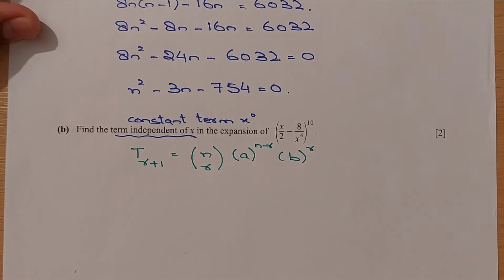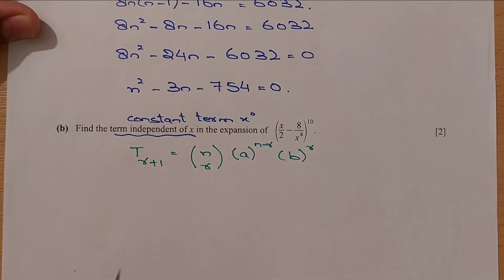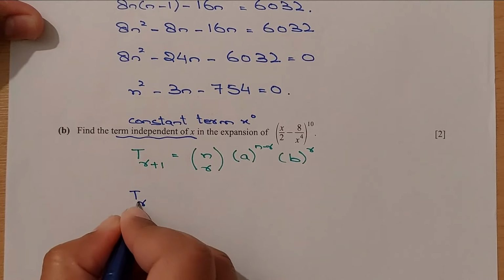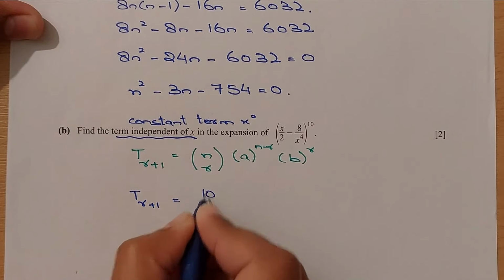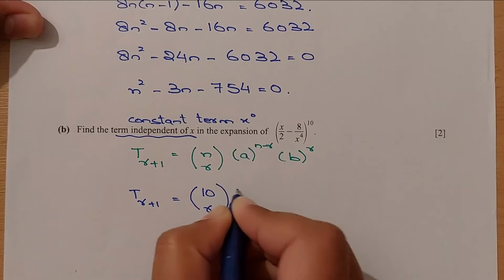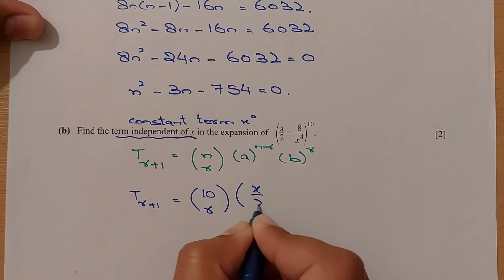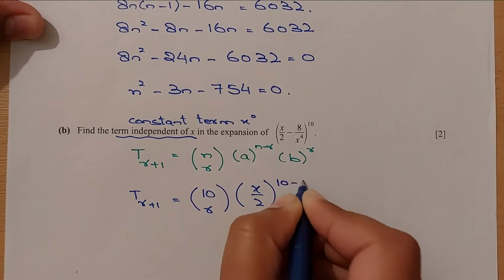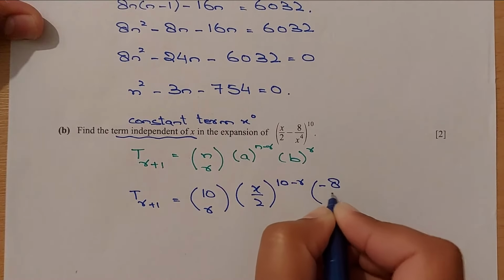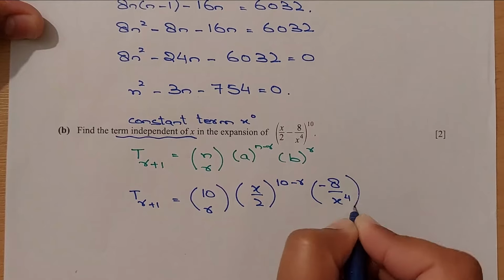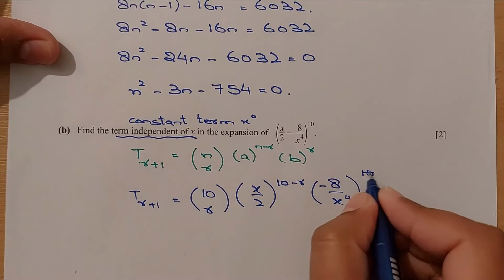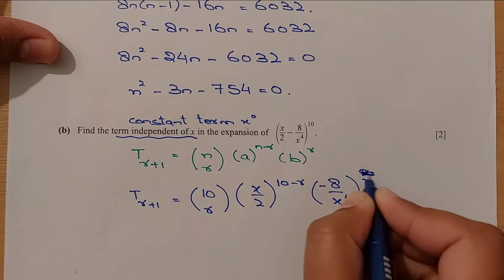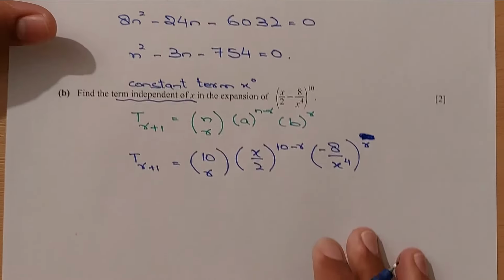So let me open this formula. So here we have T(r plus 1) equals 10Cr. The first term is x by 2, its power is 10 minus r, and the second term is minus 8 over x power 4, its power is r, sorry. We don't know r. 10 is the n value, sorry.